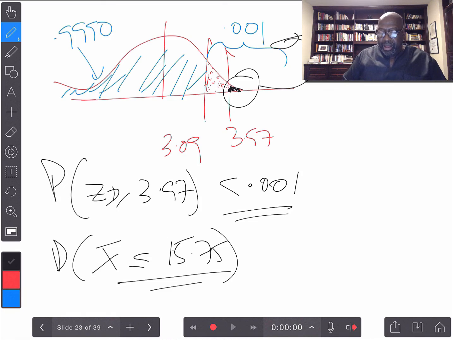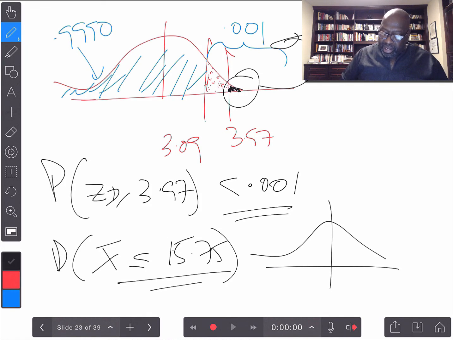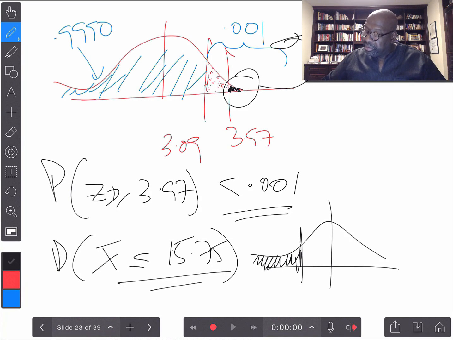And once we get the Z value, in that case our Z value would be negative, so the area in the table on the negative side will give us exactly what we're looking for, which is the area in the tail right here. So I would suggest for practice that you try problem number 25.